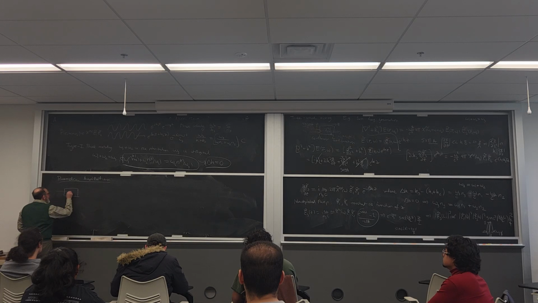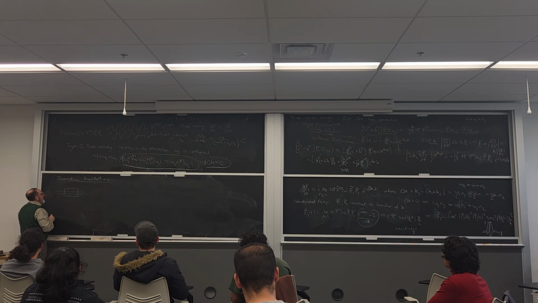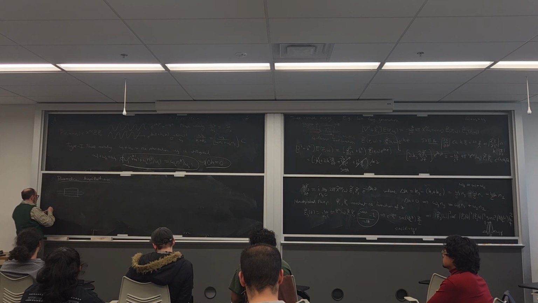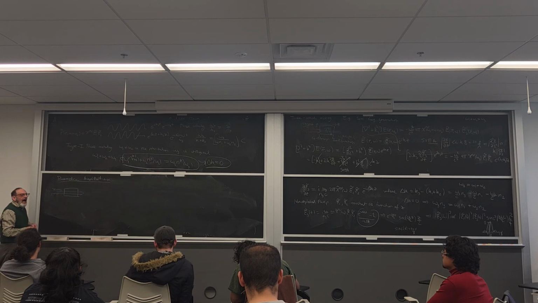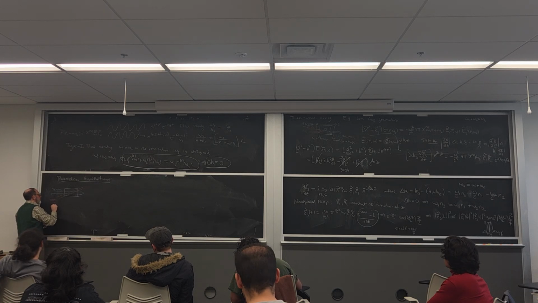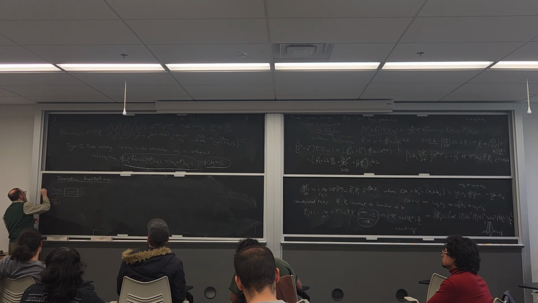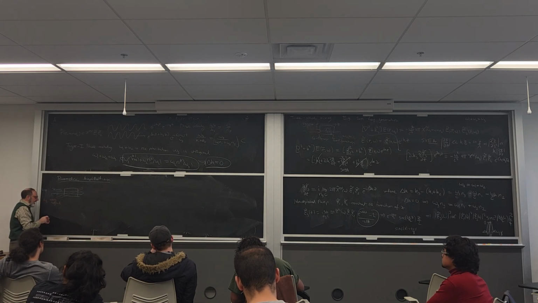So let's say that I send in a blue wave, and this is going to be a strong, very intense pump. And now I'm also going to send in, in this case, a weak signal. Okay? So this is my pump, and this is my signal. And this is my chi2 crystal.